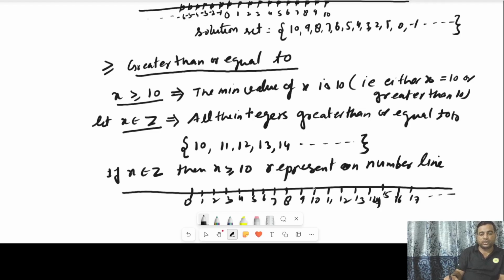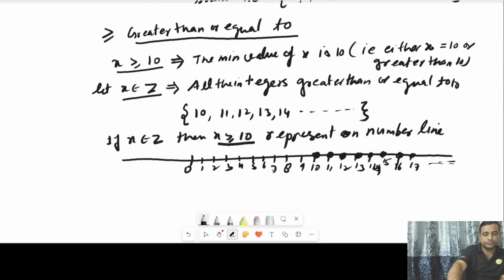So x is greater than or equal to 10 and x is an integer, so the solution set is 10, 11, 12, 13, and so on. This is the representation on the number line of the inequality x greater than or equal to 10 with x belonging to integers. Here the least value of x is 10 and all other values are greater than 10 but must be integers.